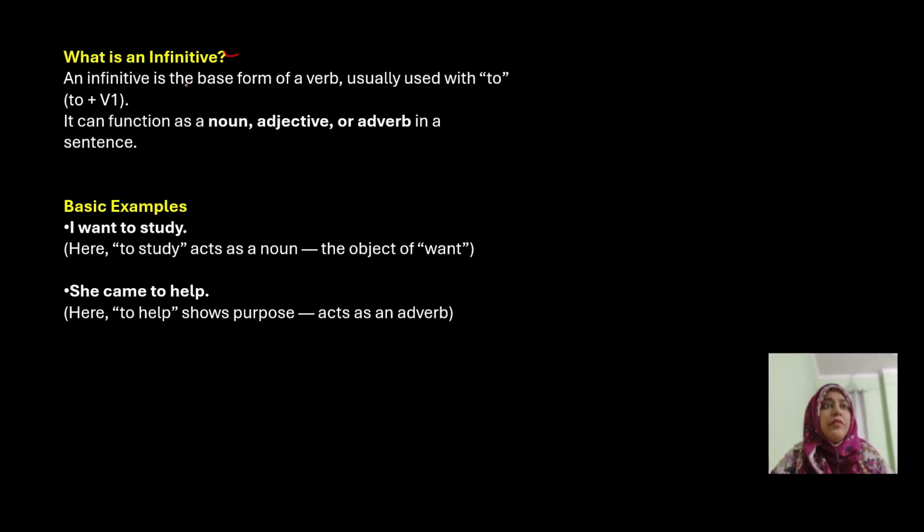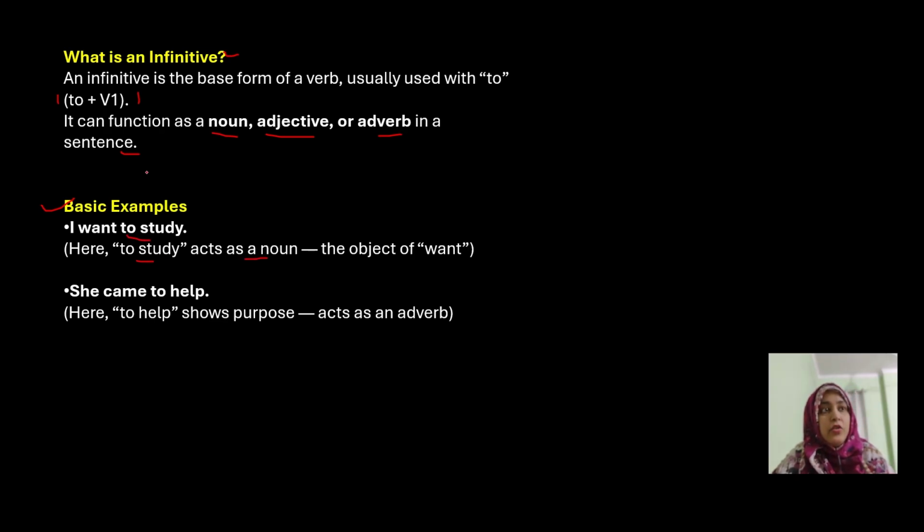An infinitive is a base form of a verb usually used with to plus verb first form. It can function as a noun. How does it function? It functions as a noun, adjective, or adverb in a sentence. Fine. Basic examples. I want to study. To study acts as a noun here.